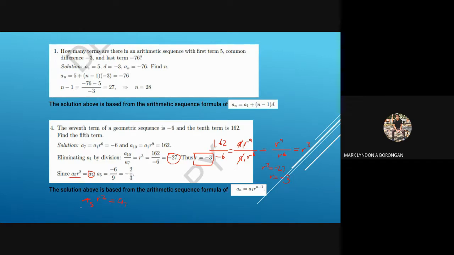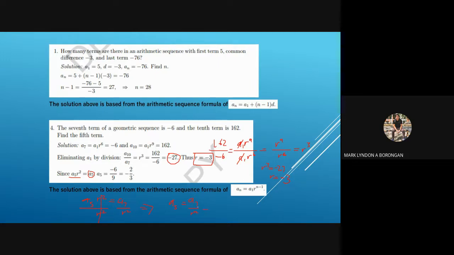Now, to get a sub 5, all you have to do is divide both sides by r squared. The r squared cancels out on the other side, so a sub 5 is equal to a sub 7 all over r squared.